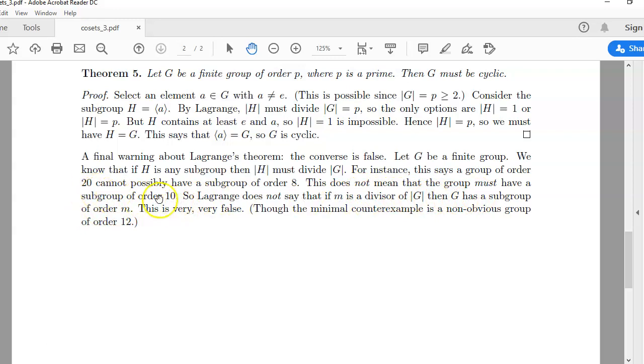Lagrange does not say that if m is a divisor of the order of G, then G will have a subgroup of that order. That's the false converse. So be very, very careful about this. The converse to Lagrange is false. Just be careful, okay?